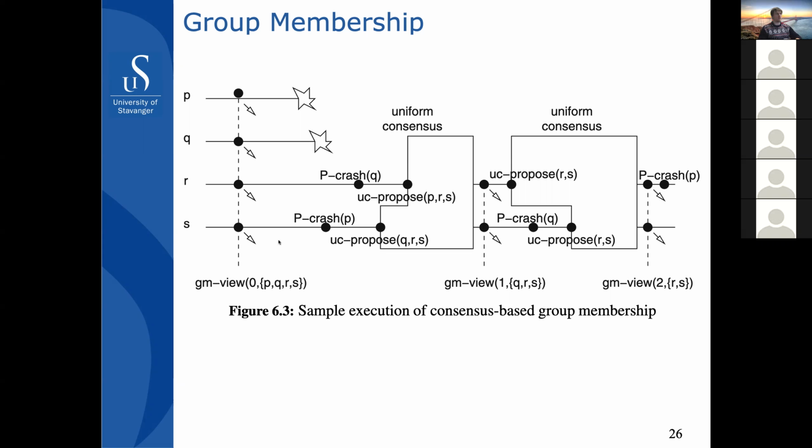And this is because it was process S that proposed the value before R. So after this, then R proposes new values and tries to install a new view.